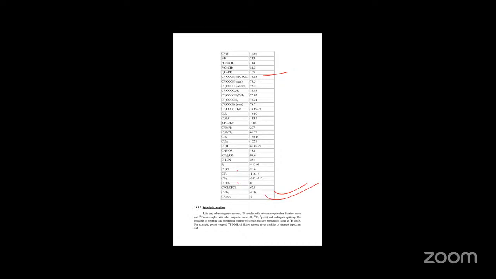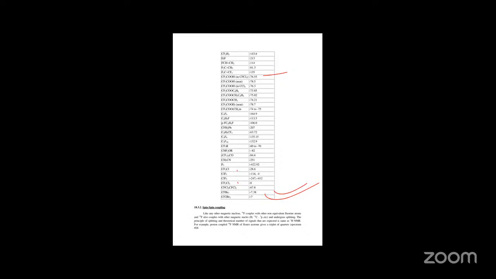Now the spin-spin coupling, like other magnetic nuclei such as carbon and hydrogen. The F19 couples with other non-equivalent fluorine atoms, and it couples with other magnetic nuclei like carbon, phosphorus, and hydrogen, and it undergoes splitting.